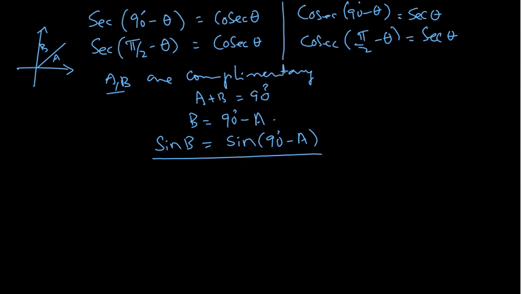This is also to be remembered. As long as you add these two and get 90 degrees, you can write it this way. This relation exists for all the ratios, because remember, add sugar to coffee.